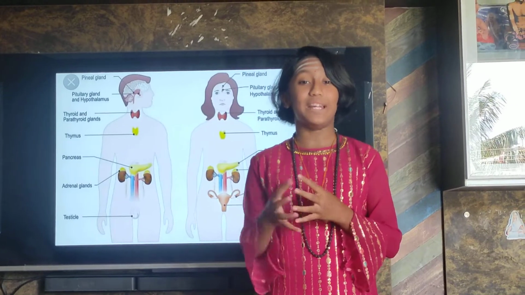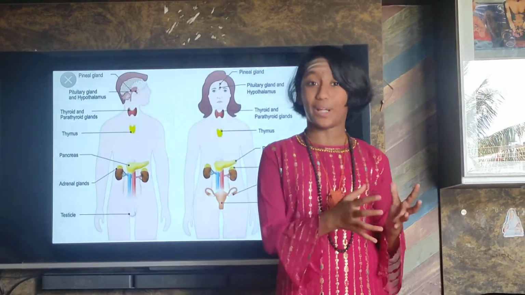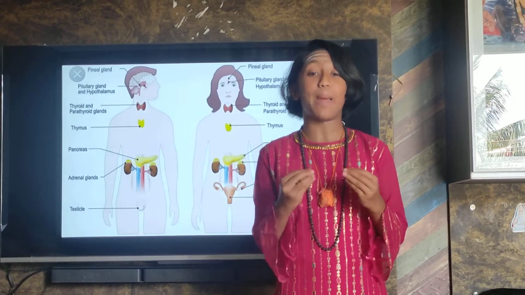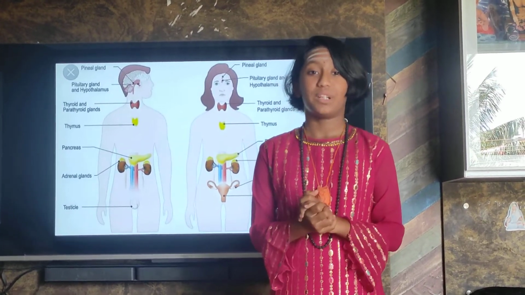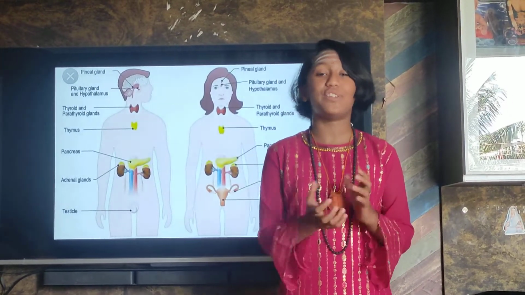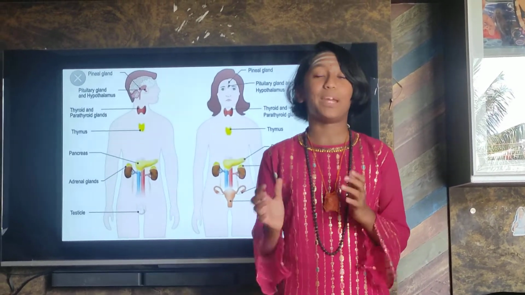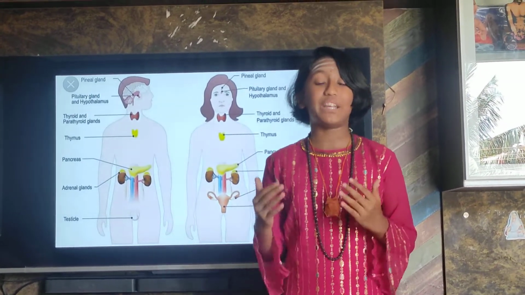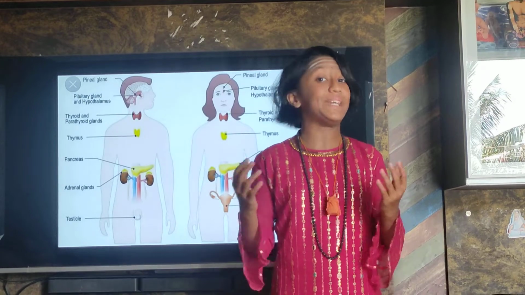The thyroid gland stimulates basal metabolic rate. Adrenal glands are also known as emergency glands. The testes and ovaries produce sex hormones which are responsible for the behavioral changes in male and female bodies during puberty.